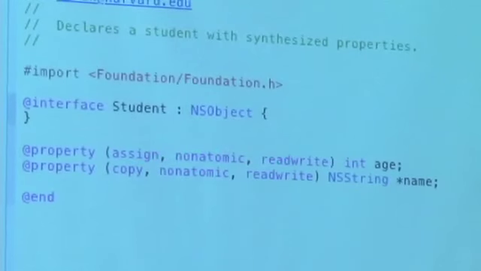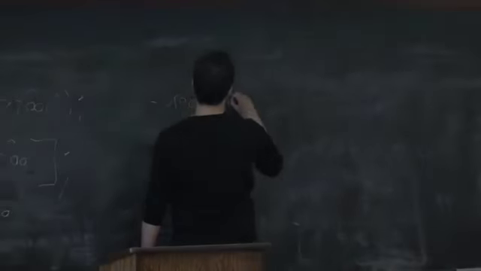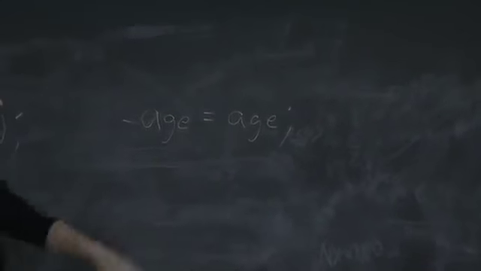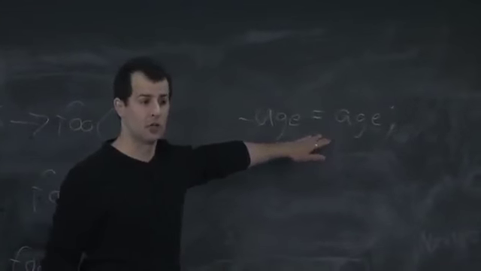But assign means when you create the setter, go ahead and literally do _age equals age. So assign means literally implement my setter in a way that uses assignment, just like this.